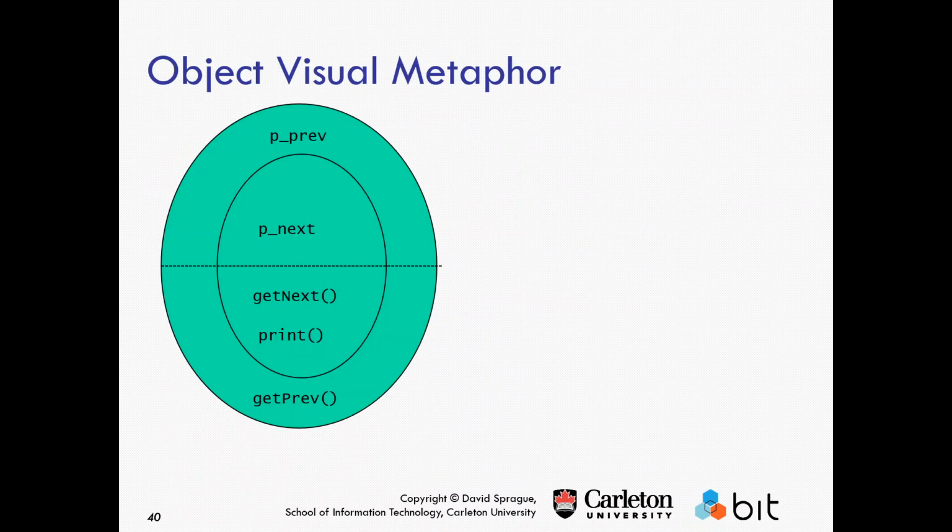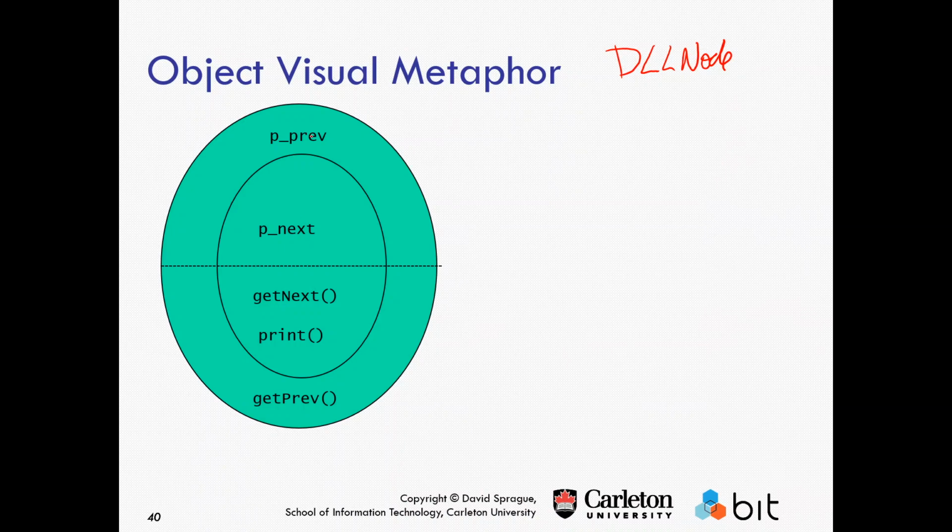Okay. I also like to point out this particular metaphor, and this is what's going to lead us to our next topic, which is polymorphism. So here is one way of looking at it. This is our doubly linked list node, the DLL node. We have getNext, we have print. I think we have a print method at least for this. We have a private variable called pnext.